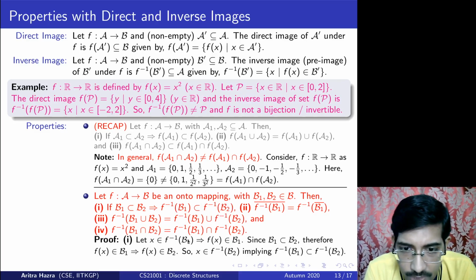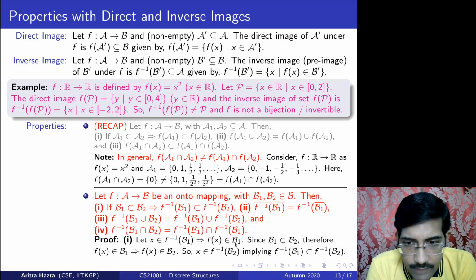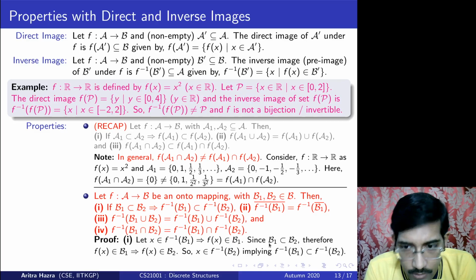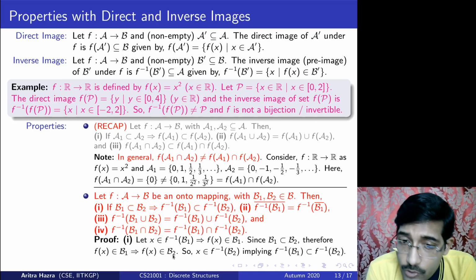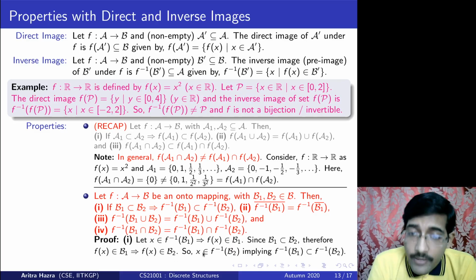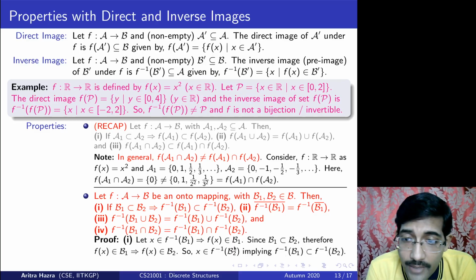So if X belongs to F inverse B1, then Fx belongs to B1. Since B1 is a subset of B2, therefore if Fx belongs to B1, then Fx must also belong to B2. So if X belongs to F inverse B1, it implies X belongs to F inverse B2, implying that this is a subset of this.